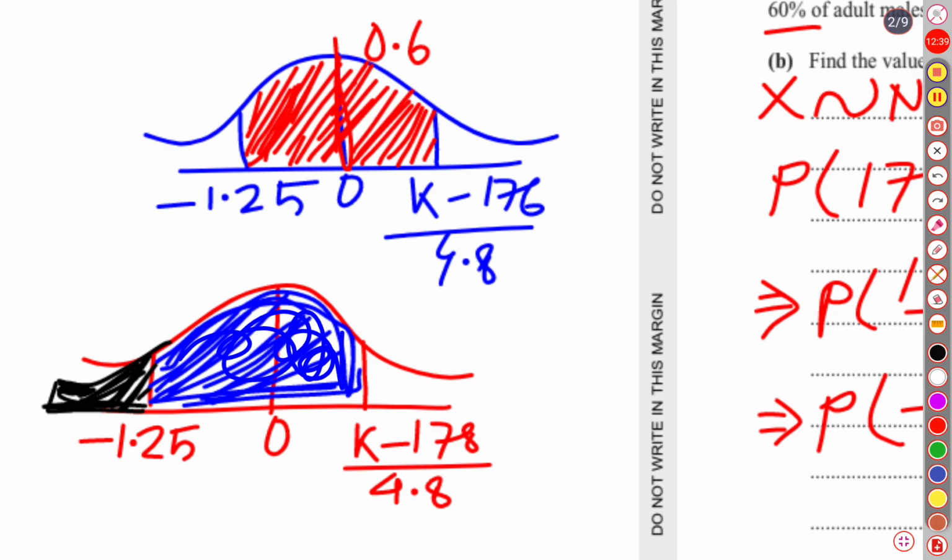Look at the left side, we will take the probability of the whole of this blue part, from which we will subtract this black part.